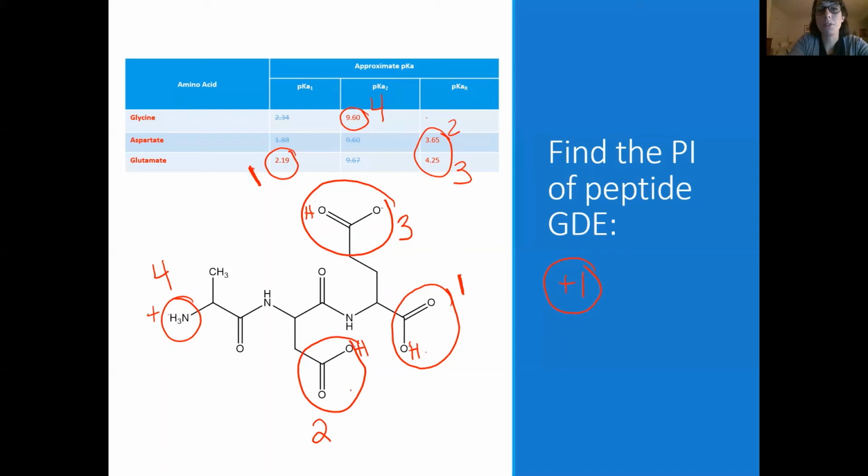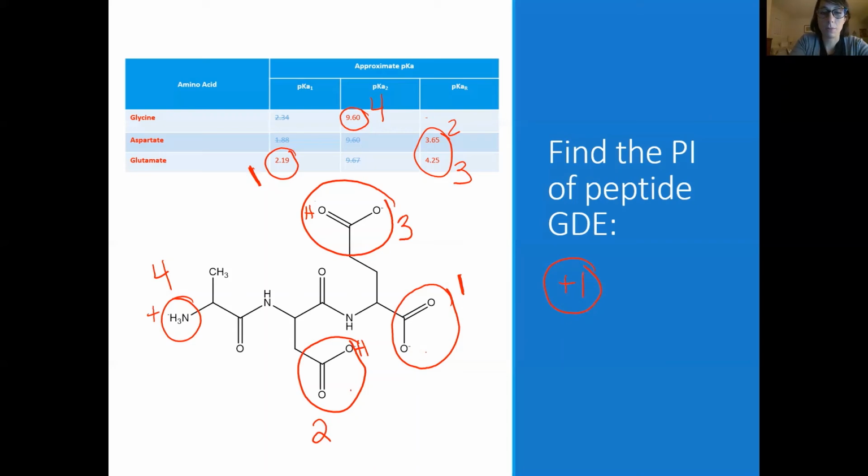Now, as we move to the first pKa, passing the first pKa at 2.19, so at a pH of 2.19, the hydrogen on the glutamate will come off. So for this molecule, that is the hydrogen on the terminal of the glutamate. I numbered it already, number 1.